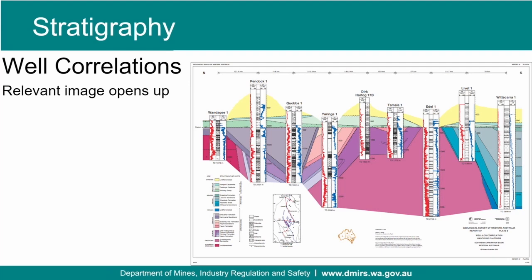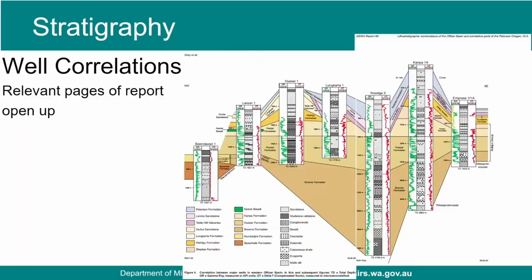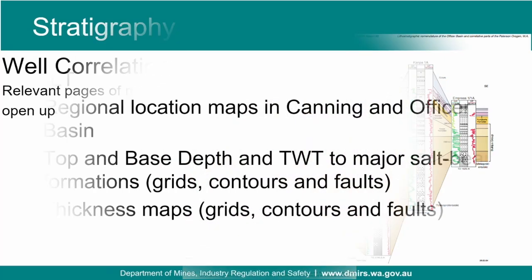Mostly they're a PDF image like this, though I did find one in the Officer Basin, which was a little different. There it's highlighted in the Officer, and it comes up as two separate pages from a report. But the information's all there. As I said, we need to clean up some of this data, but it's now available online when previously it wasn't.